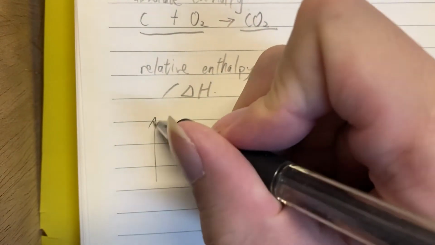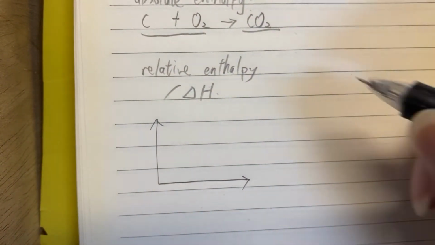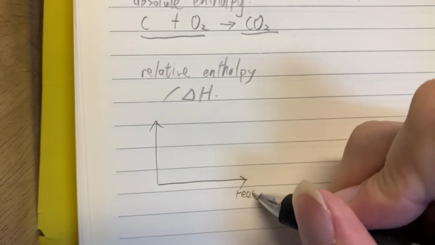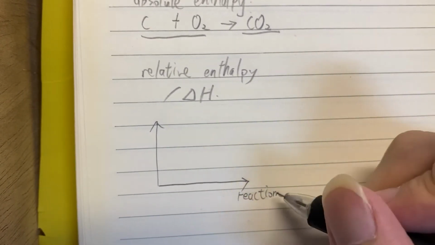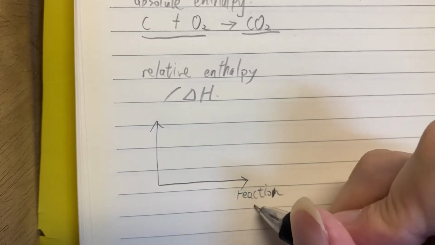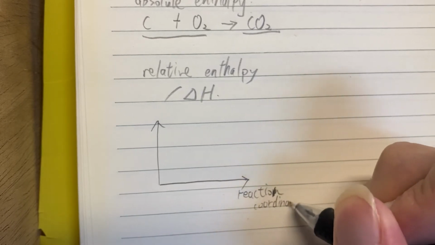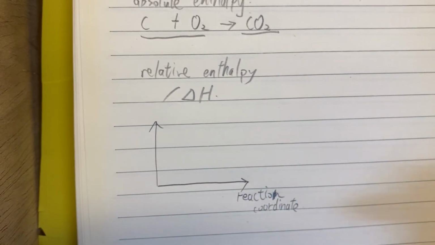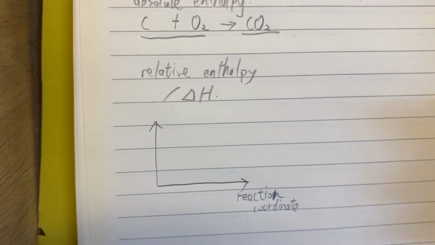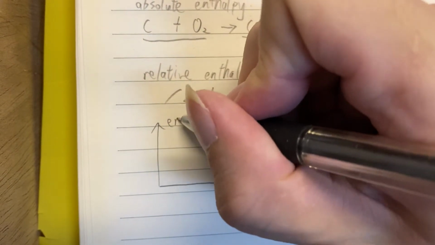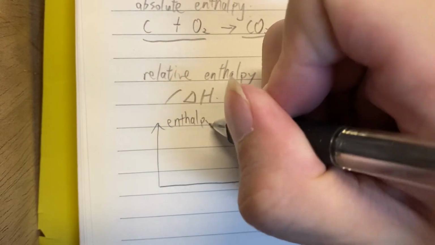And if you use a diagram to represent this idea, the horizontal axis we call the reaction coordinate, showing what happens to the energy level as the reaction proceeds. And for the y-axis, we use enthalpy.